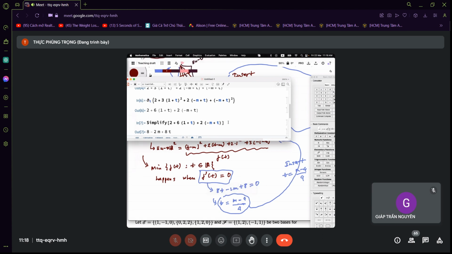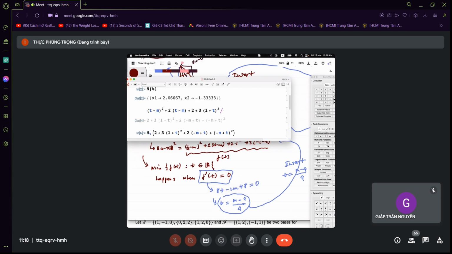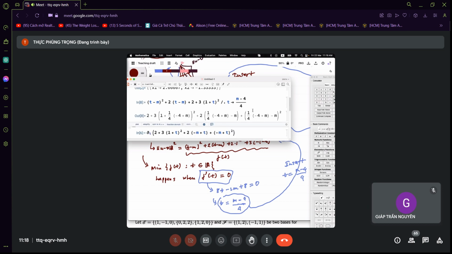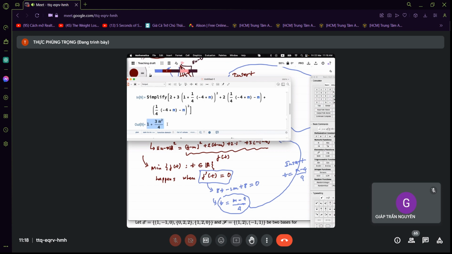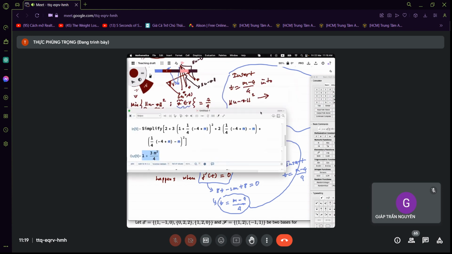I only need to insert, so I get this one. Maybe I simplify this a little bit. So I get this number. Of course you need to do something right here, so maybe I write it right here. From here you get m, right?